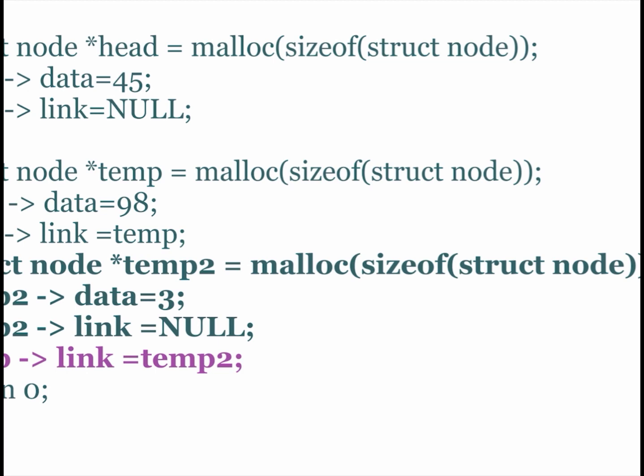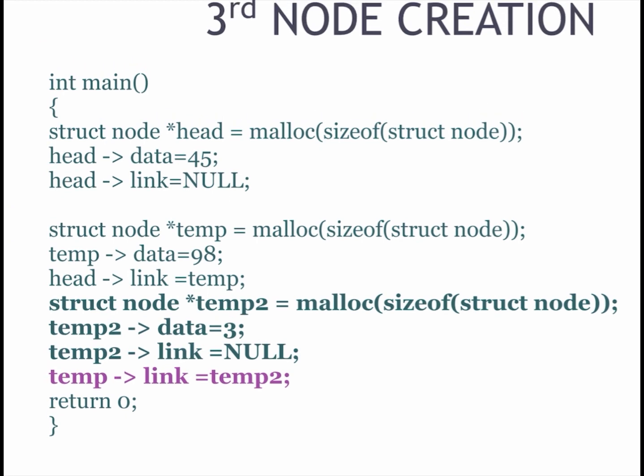Where is the third node's address? In temp2. So temp->link = temp2. Now the second node's link contains the third node's address, and the first node's link contains the second node's address.